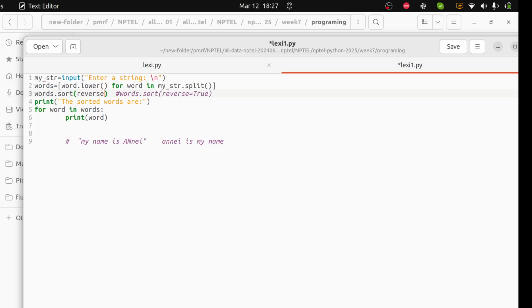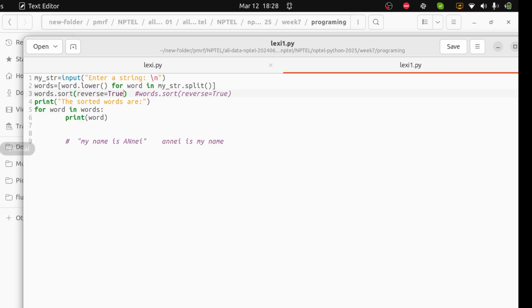We will simply write reverse equals true, because we are just changing the sorting. If I write reverse equals true in the sort, all the sorted things we give here will be sorted in reverse order. So that is not exactly lexicographic order, but the reverse of it. Reverse means the highest one will come first, then the lower one, then lower, then lower.